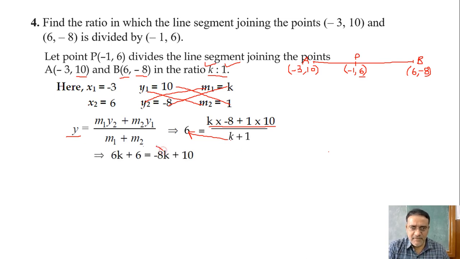Now shift minus 8k to this side and 6 to this side. Minus 8k on this side becomes plus 8k, and if you shift plus 6 to this side, it will become minus 6.